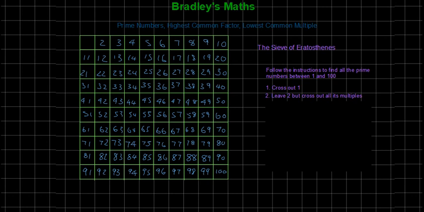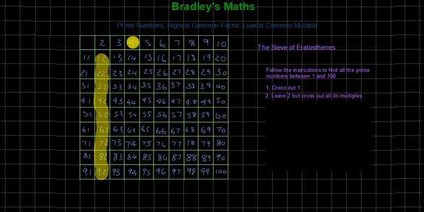I'm going to highlight them, and all the multiples of 2 are the even numbers in here, and I'm just going to highlight them all in this table, just like this. Notice that 2 is not highlighted because it says leave 2.